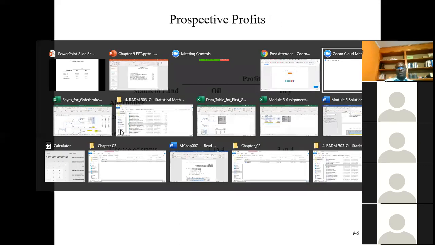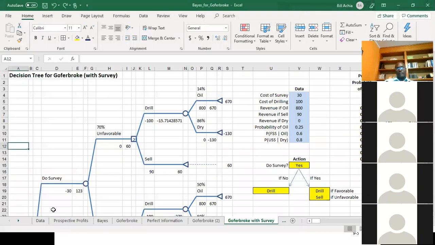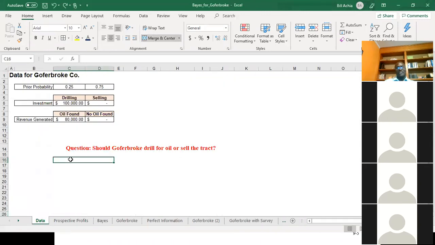Let me move to Excel, just because I find thinking in Excel much easier. If we look at the information that we have here, it can be broken down into a couple of things. One is something we call the prior probability. Going into this whole analysis process, the geologist comes up with a subjective value that he believes is the probability of either getting or not getting oil out of that tract of land.